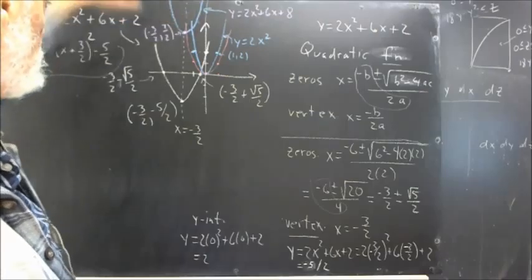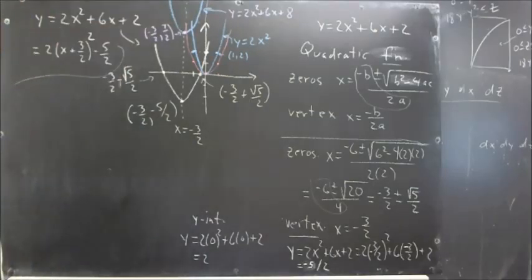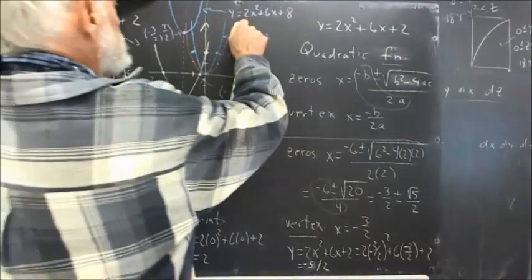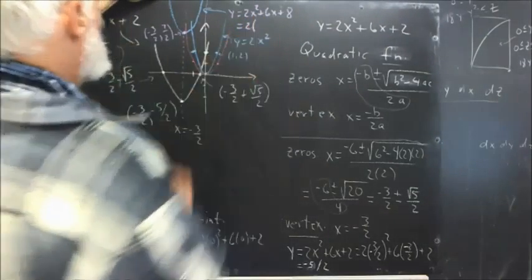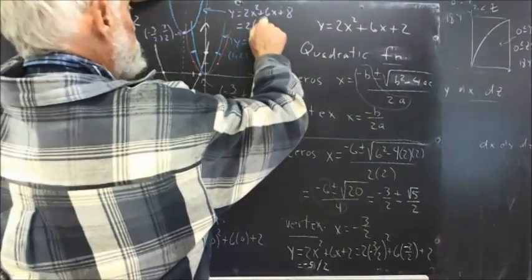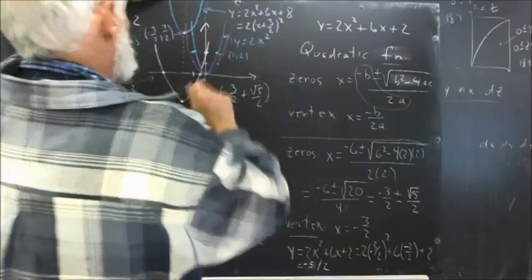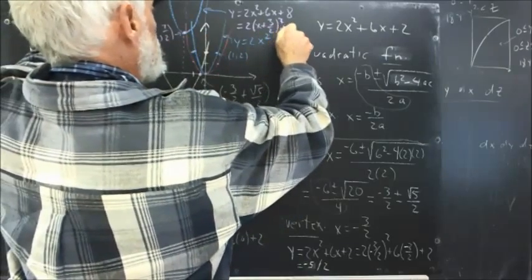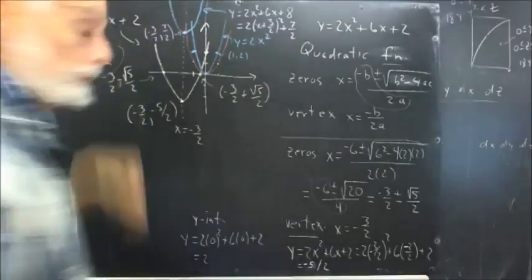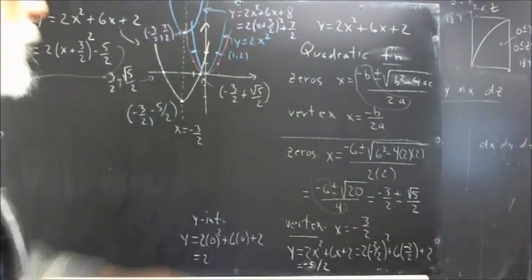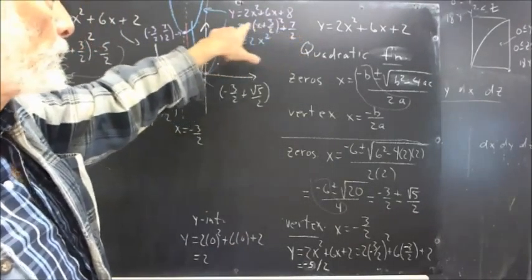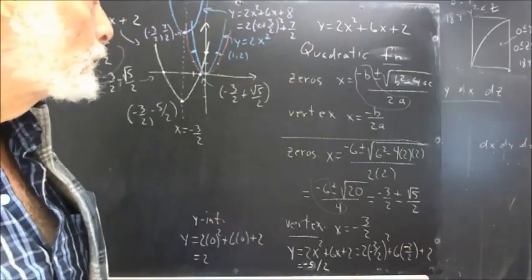This function that we just graphed would be two times the quantity x plus 3/2 squared plus 7/2. Now we got that without doing a lot of algebra manipulations, just understanding how the translations work.